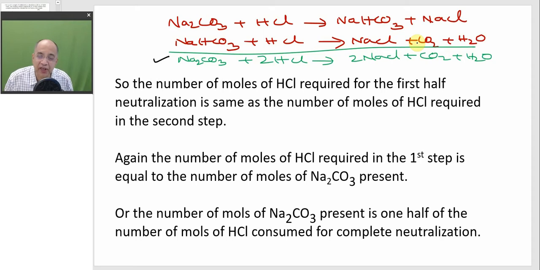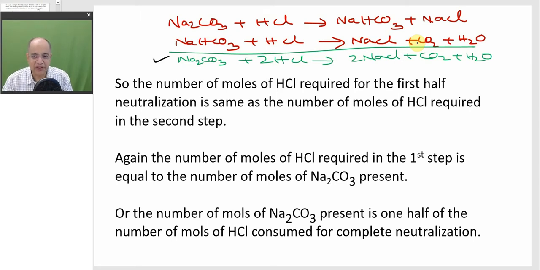These are 2 separate experiments, double titration. 2 indicators will be used, but in 2 separate experiments. So in the first experiment using phenolphthalein, you get a titer value which corresponds to half neutralization. And if you take methyl orange, you will get the value corresponding to full, complete neutralization.